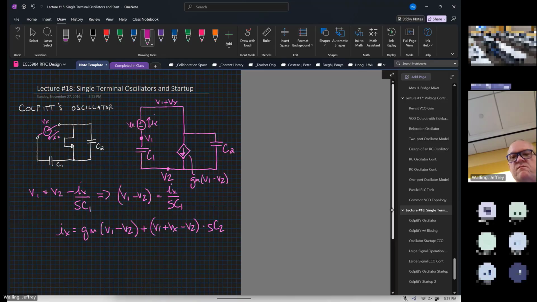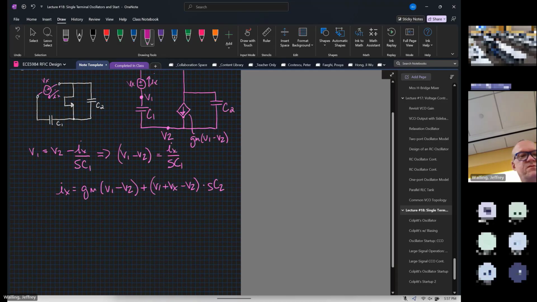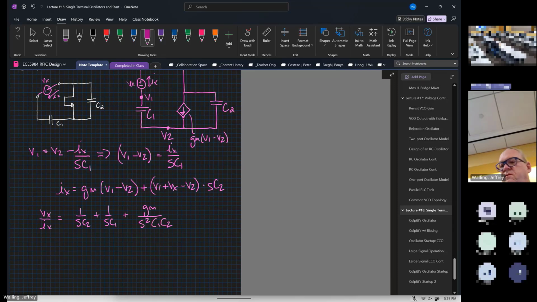And then we can take these equations, make some substitutions, and ultimately show that Vx over Ix is equal to 1 over sC2 plus 1 over sC1 plus gm over s squared times C1 times C2.